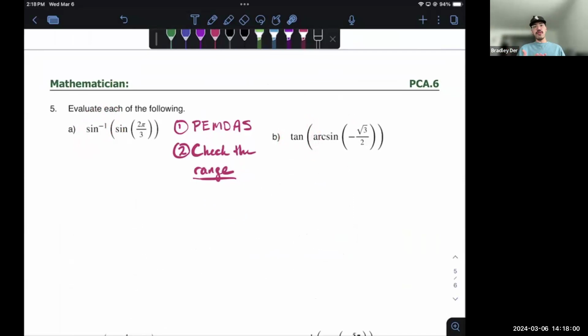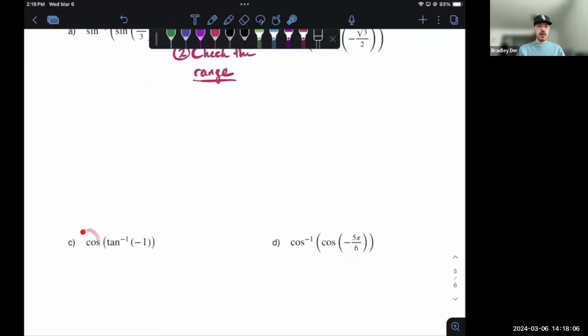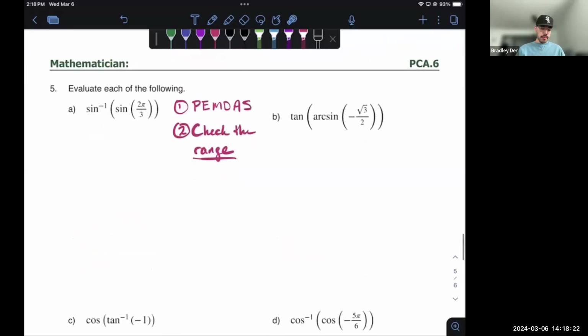So maybe we'll see a 1 or a root 3 or a root 3 over 3. Down here where we see cosine, the range might be a bunch of unit circle coordinates such as root 2 over 2 or root 3 over 2. Just keep an eye on not only, for the inverse trig, what interval of angles you want to be in, but whether you even want an angle at all. Maybe you don't.